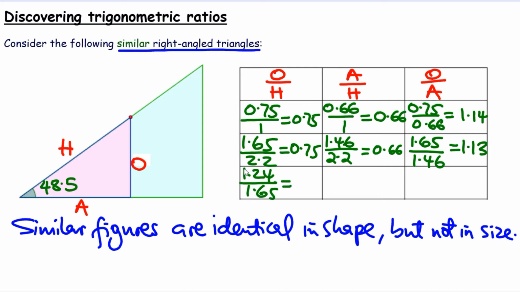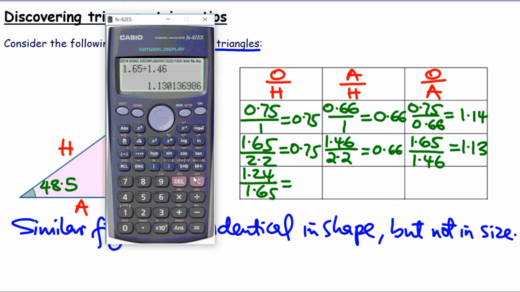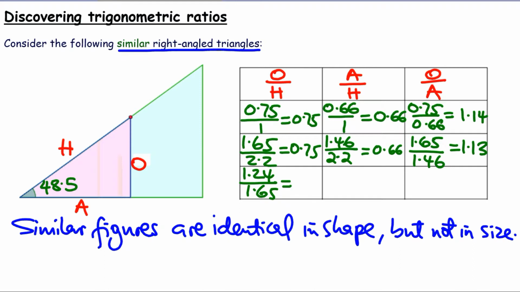Need to plug it in the calculator. 1.24 divided by 1.65, and we have 0.75 to 2 decimal places. So 0.75. The space is not enough, so I'm trying to squeeze these things. So 0.75. All right, let's carry on.